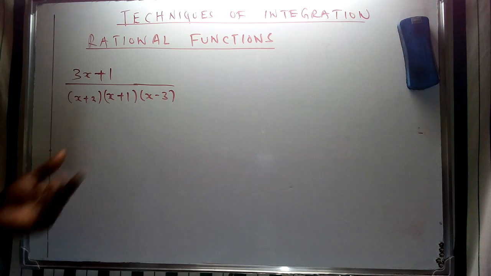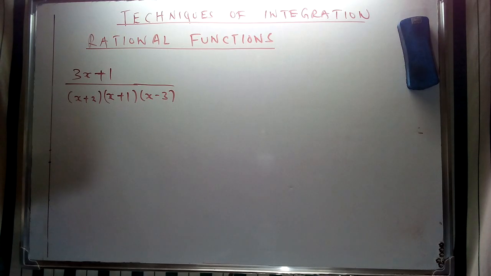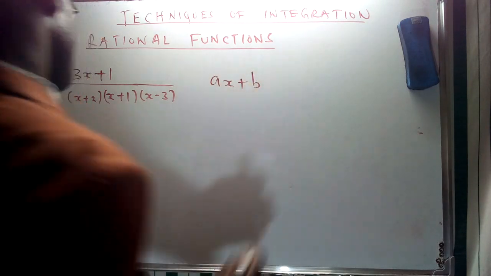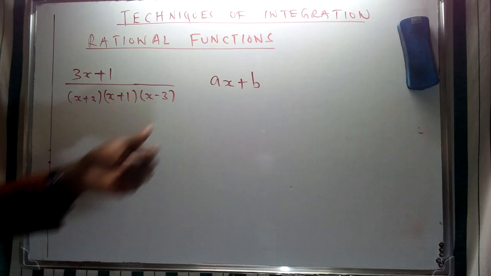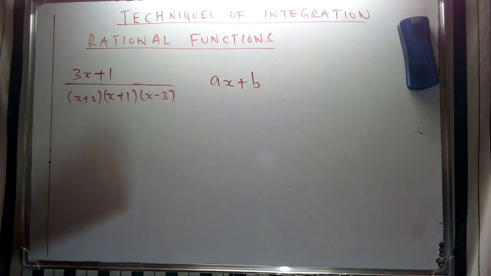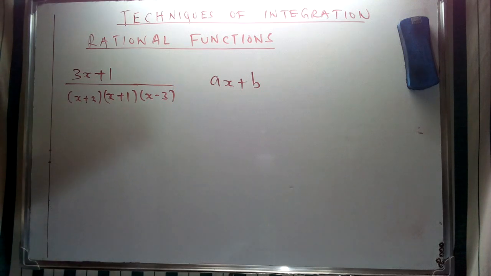In our specific case, we're going to consider this one as a linear case, whereby we're going to have the denominator that has only linear factors. And these factors are going to be in the form of ax plus b. So in this specific case, we're going to consider this aspect of the denominator having these linear factors, as we can see appearing in our example on the board.